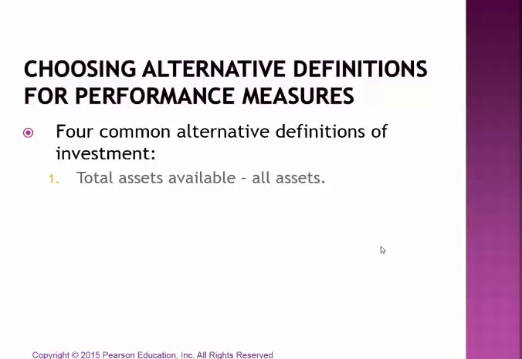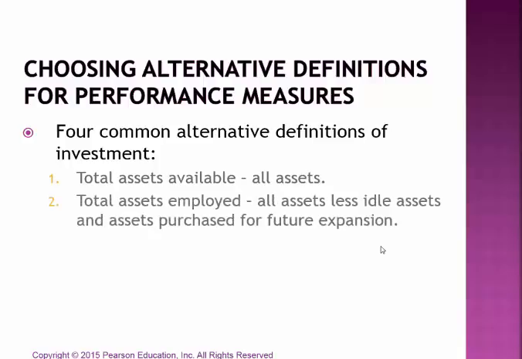Could we use historical cost, the original purchase price? Could we use book value? Could we use a current number, an appraised value? Yes, we could. So we've got to be very, very, very specific when we define these terms.